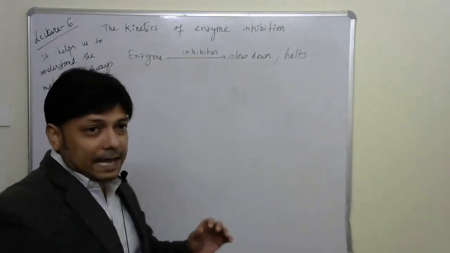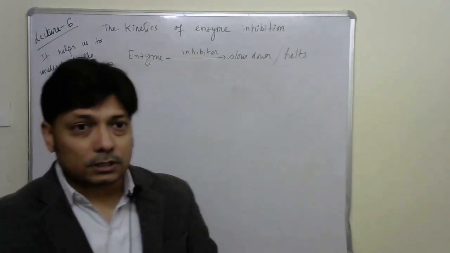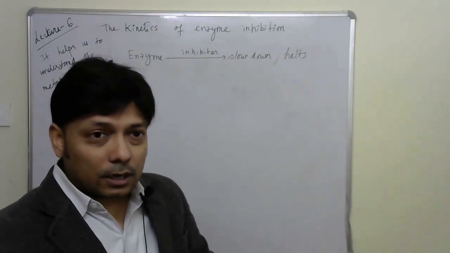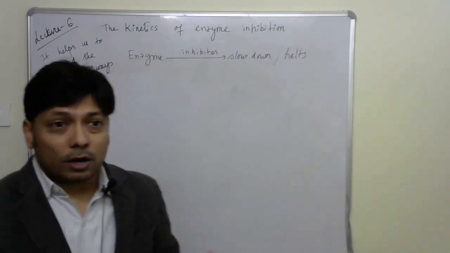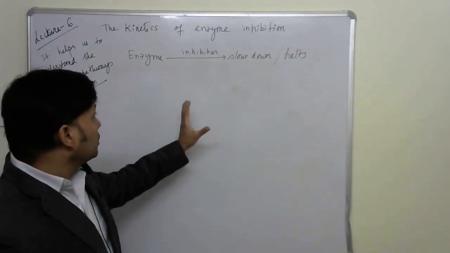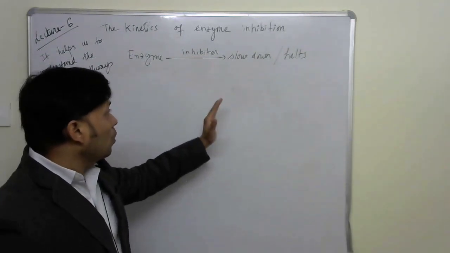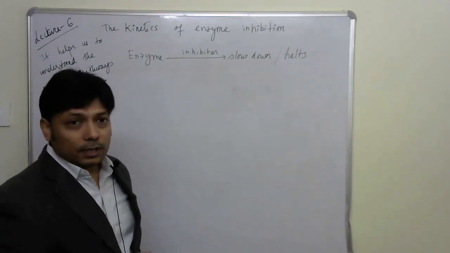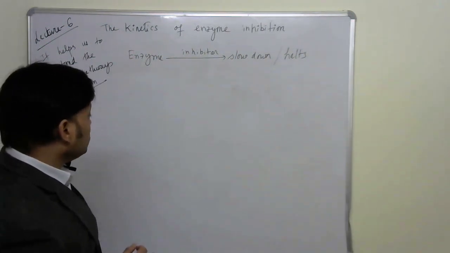And how to know the exact mechanism of those metabolic processes? Enzyme inhibitors helped us a great deal to understand those metabolic pathways. That's why it is very important to know a little bit of detail about enzyme inhibition.